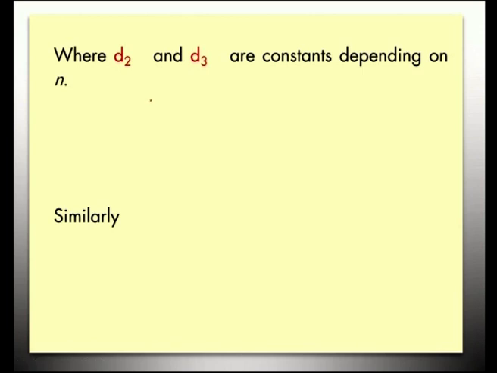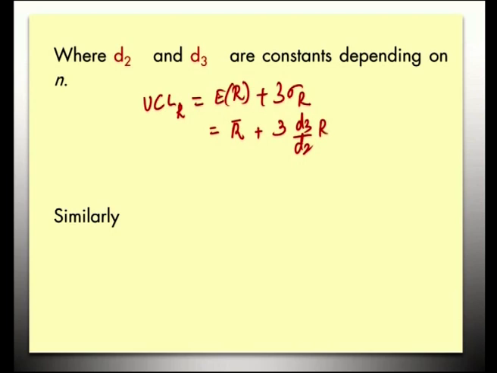So, UCL of R, that is upper control limit for R, is expectation of R plus 3 sigma R, which is equal to R bar plus 3 times d3 by d2 into R bar. So, taking R bar outside, 1 plus 3 d3 by d2 into R bar.